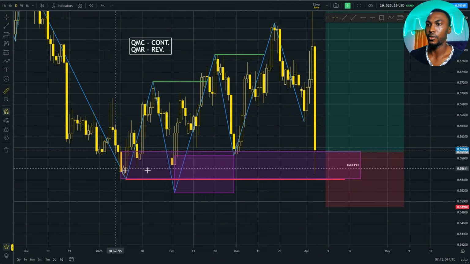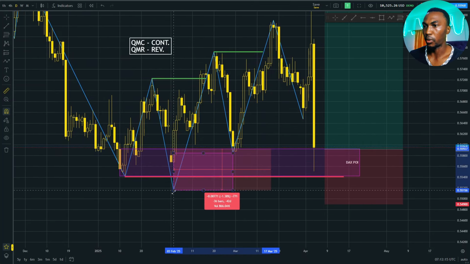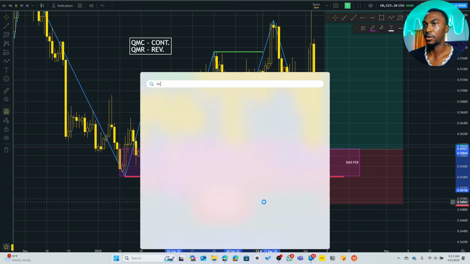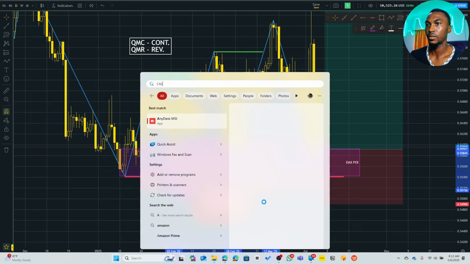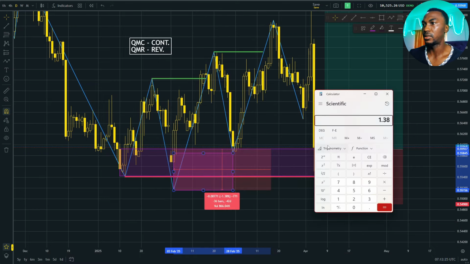So I measured from the high of this POI to the lowest point, and you see it is 1.38%. If I pull up my calculator, 1.38, and I want to take about 30% of it.